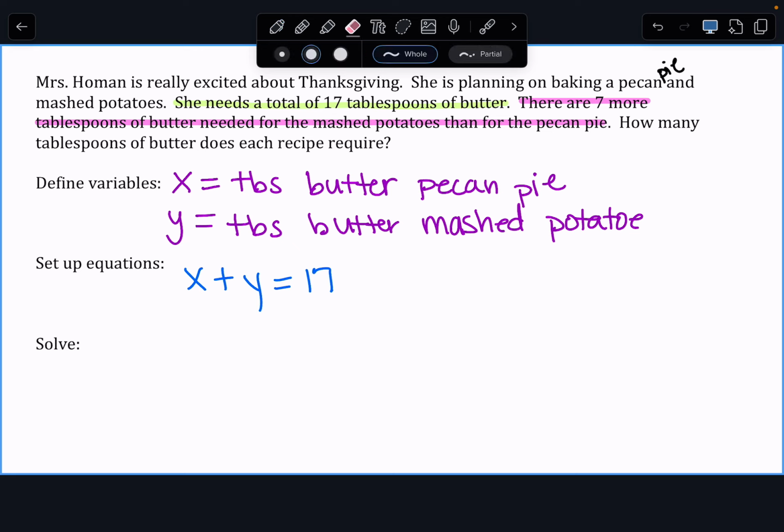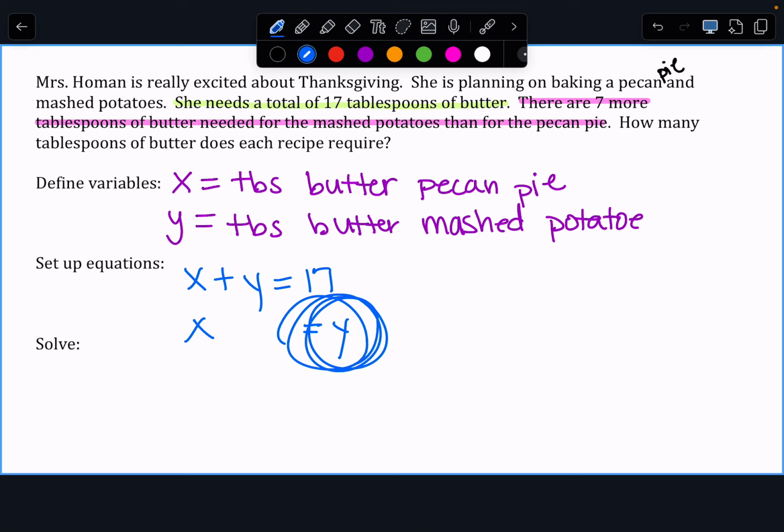So, if I have X and Y, you're telling me that Y is bigger? Correct? So I need to add 7 to X if it's going to equal Y. Yeah? Okay. Hey, can we solve it?